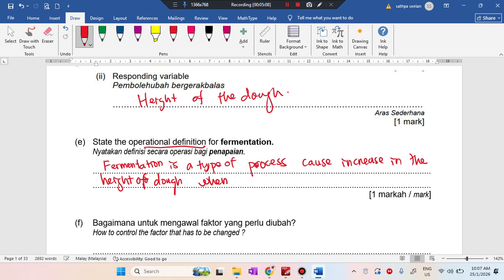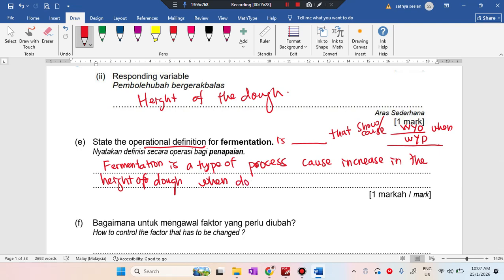For operational definition, remember fermentation is a process that shows or causes what you observe when the dough is mixed with the yeast.